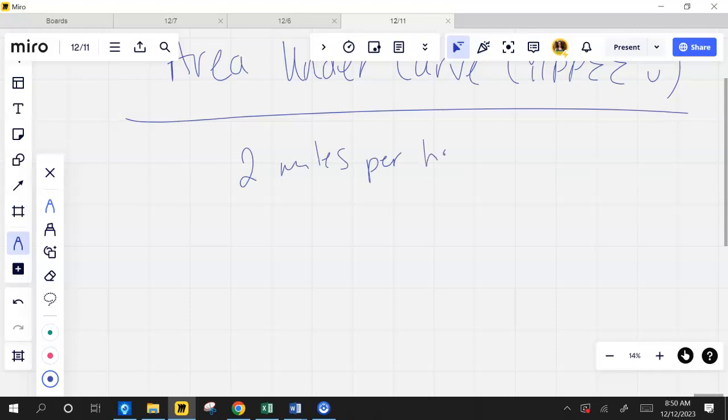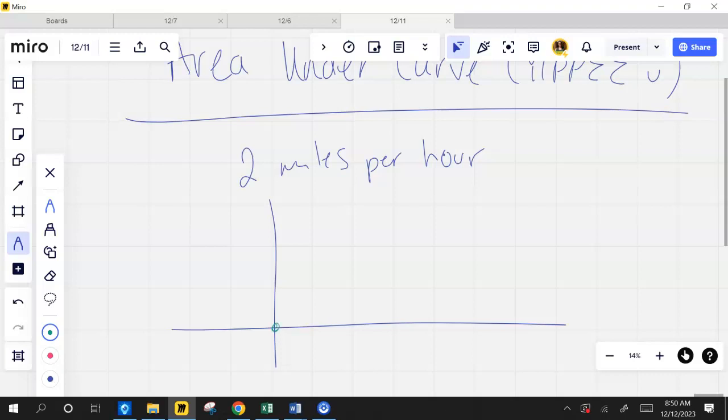I understand you could do this a different way, but y'all just stay with me, okay? Let's graph this first. Let's just graph if you walked for 2 miles per hour, right?